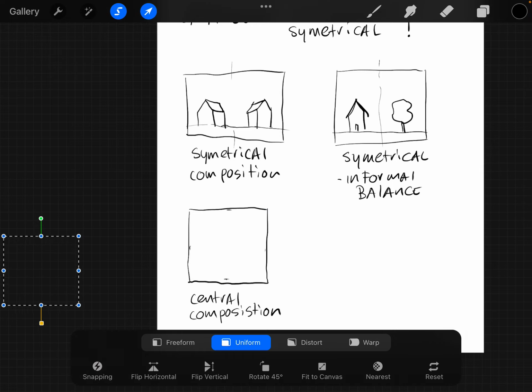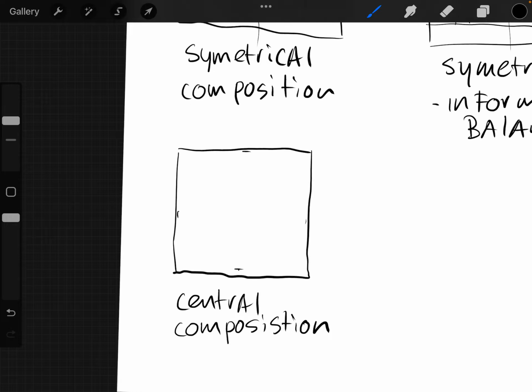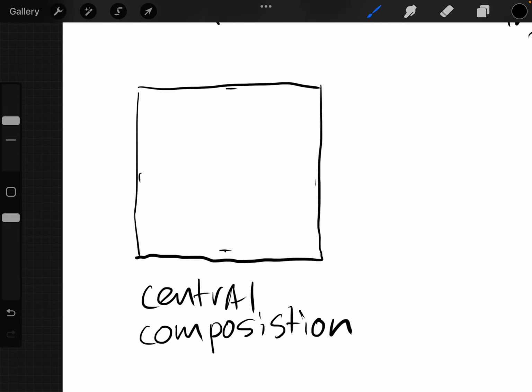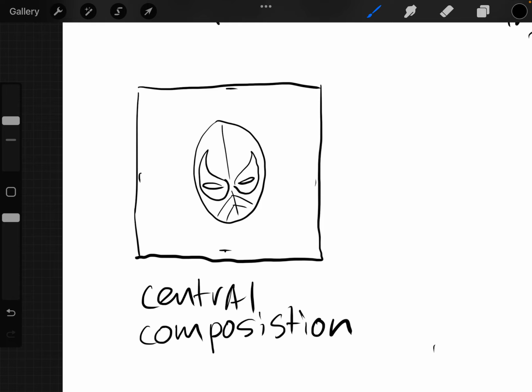Now, it's very important when you are trying to draw a central composition. A couple of things are really important here. Look. For example, if I draw a face here, like a mask, maybe a Spider-Man mask or something. Let's say this is not going to be truly a good one because something is happening here.